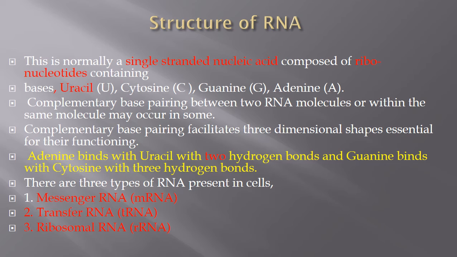Complementary base pairing facilitates a three-dimensional shape essential for their functioning. Adenine binds with uracil with 2 hydrogen bonds, and guanine binds with cytosine with 3 hydrogen bonds. There are 3 types of RNA: messenger RNA, tRNA and rRNA.